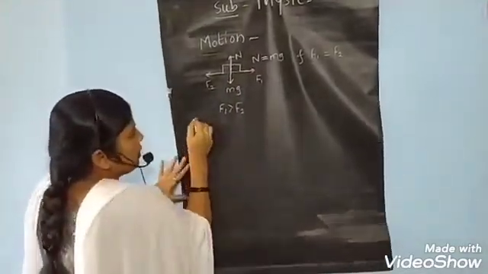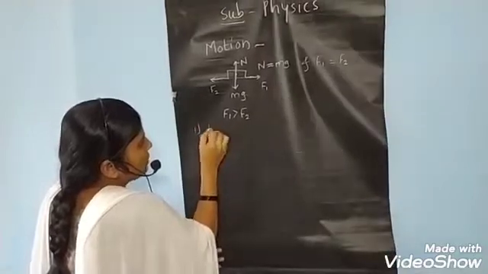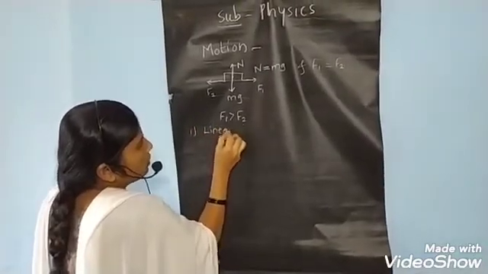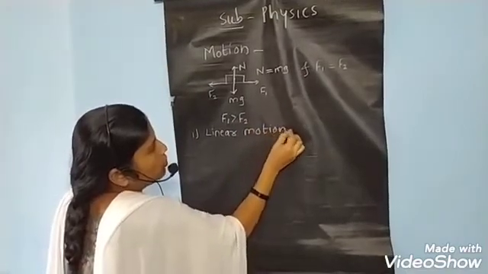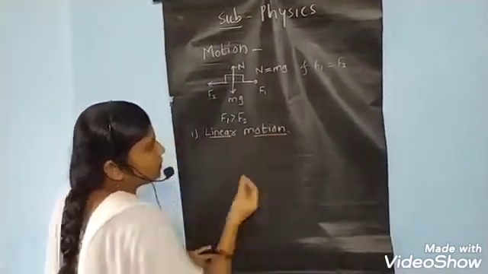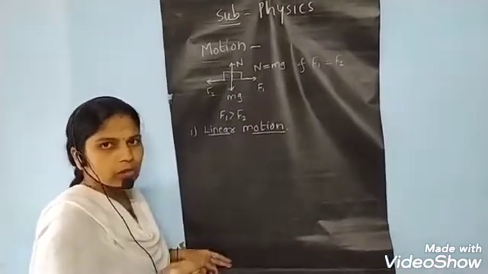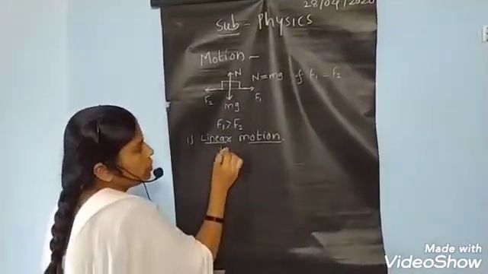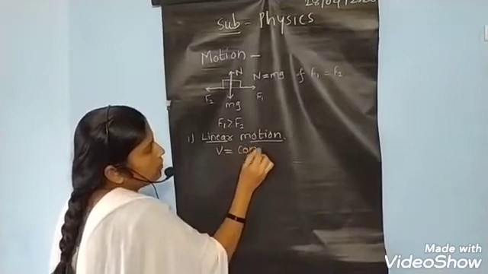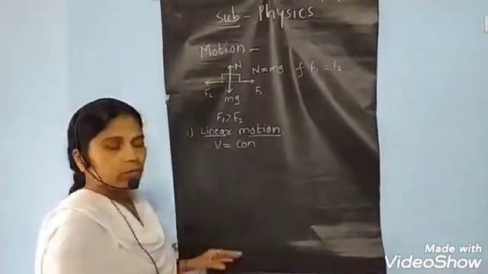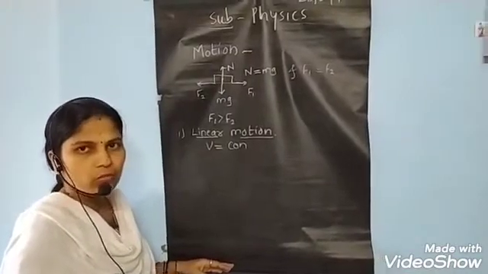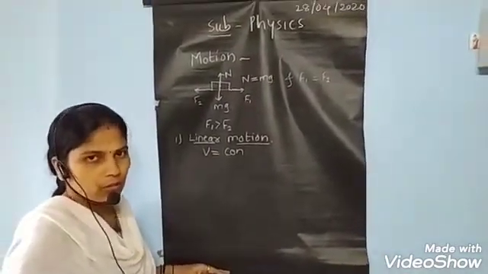This type of motion is called linear motion. It is straight motion, where the body moves in a straight line path. If the body is moving in a straight line path with constant velocity, that is, if the linear velocity of the object is constant, then this motion is called uniform motion or uniform linear motion.